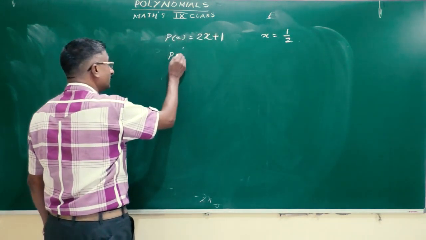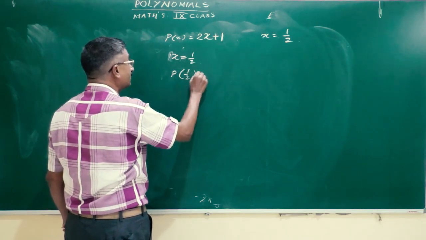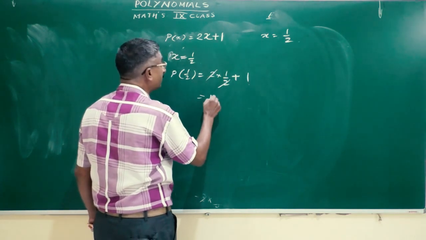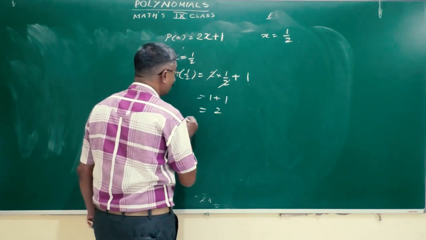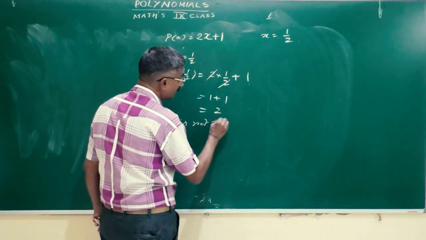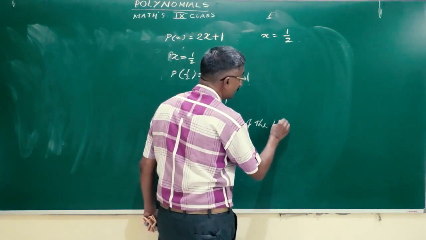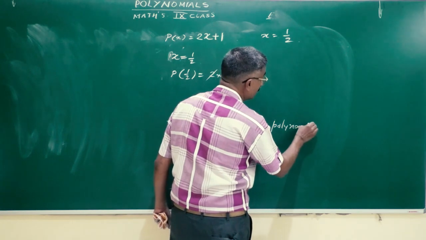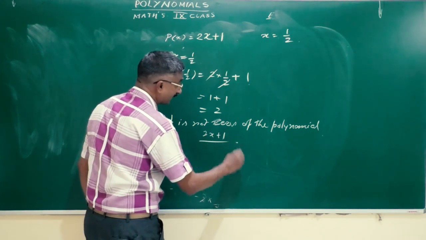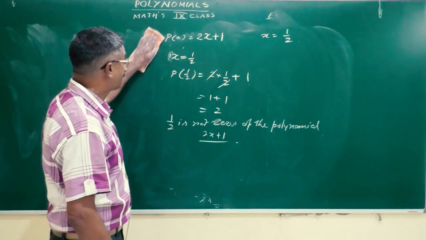So substituting x is equal to 1 upon 2, that is p of 1 upon 2 is equal to 2 into 1 upon 2 plus 1. So that is cancelled, 1 plus 1. So this is equal to 2. So 1 upon 2 is not zero of the polynomial 2x plus 1. So this is the fourth question which is completed, and I think the concept is very clear.